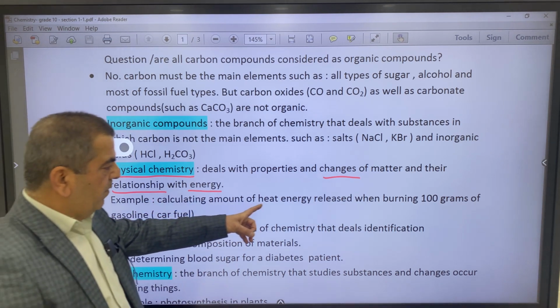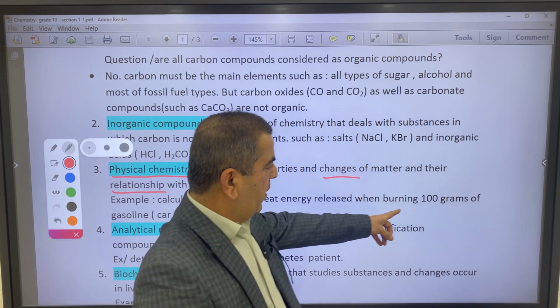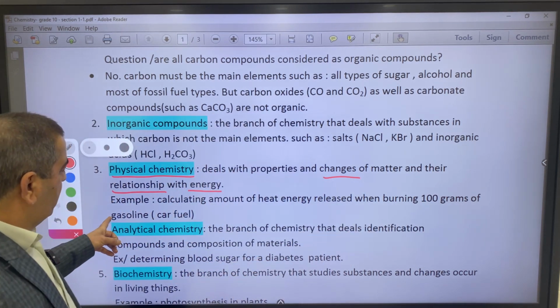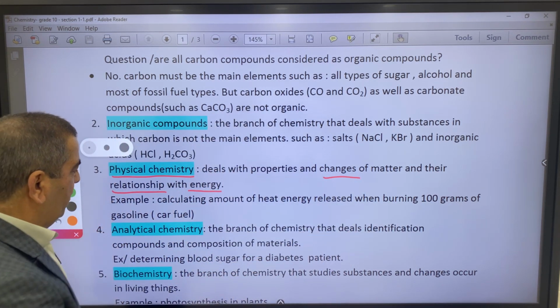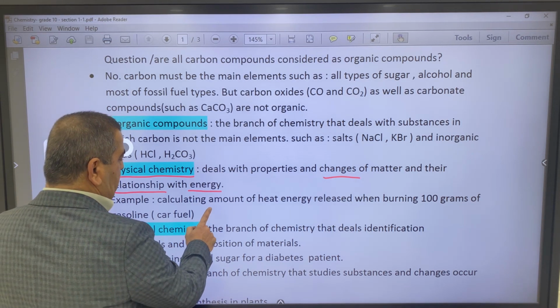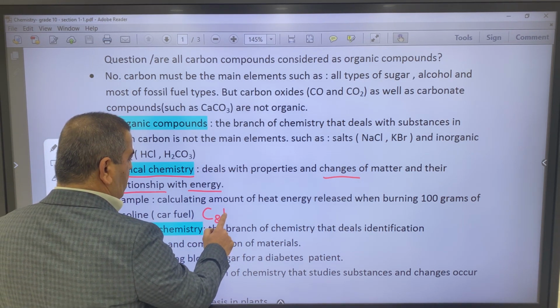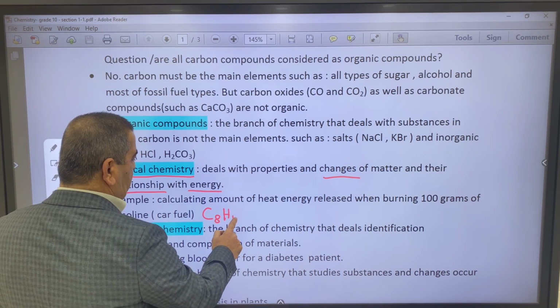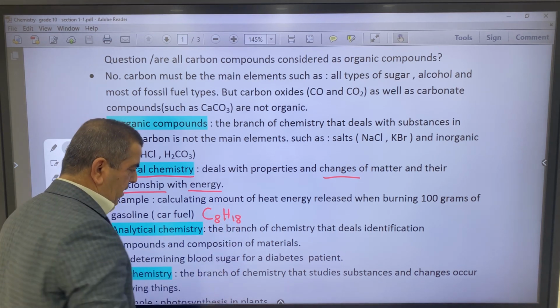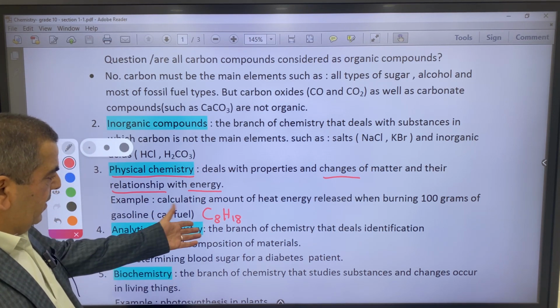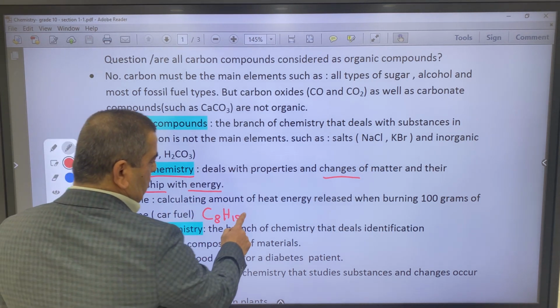Calculating the amount of heat energy released when burning 100 grams of car fuel, gasoline. Car fuel, of course, is C8H18. This is the main compound in car fuel, and it is called isooctane.